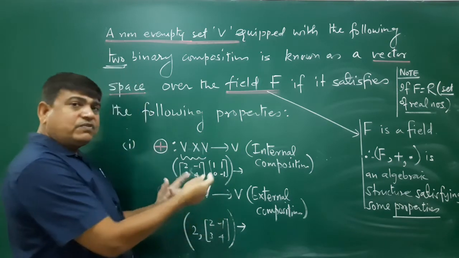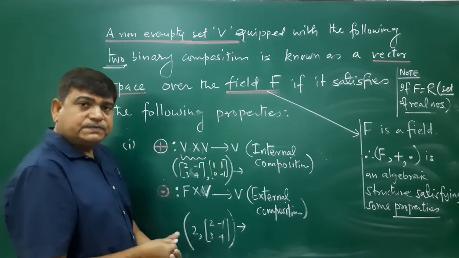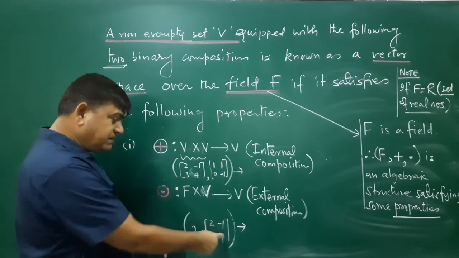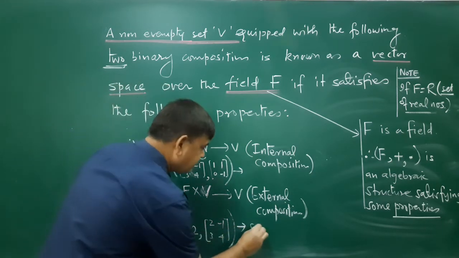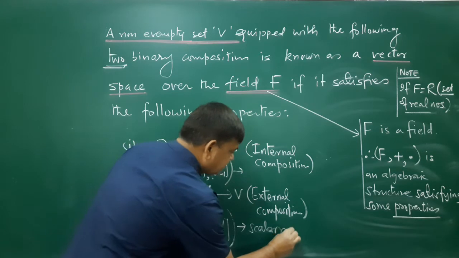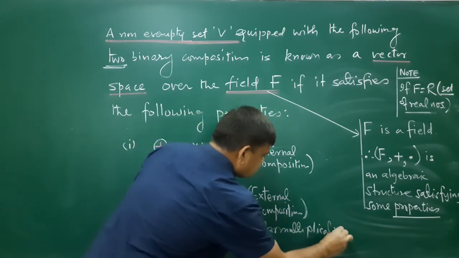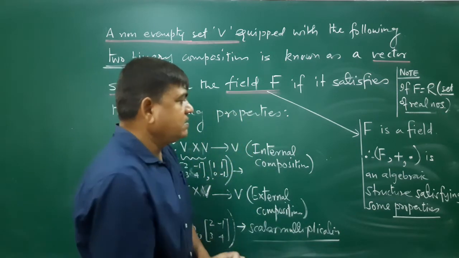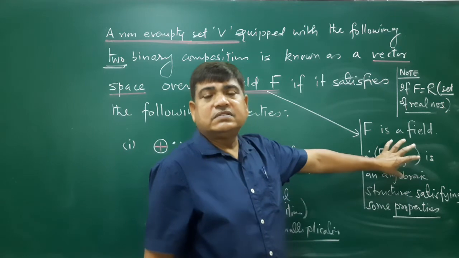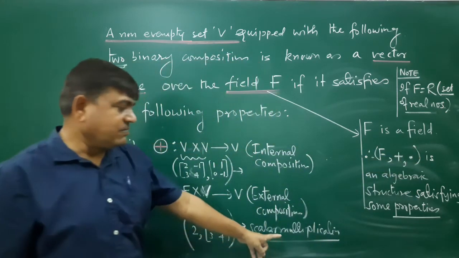And here the pair is formed with the help of matrices. So multiplication here is known as scalar multiplication. Here I used the word multiplication to mean ordinary multiplication. Here it is scalar multiplication.